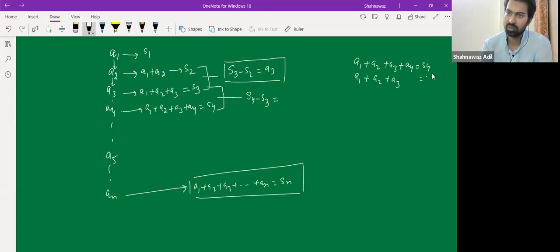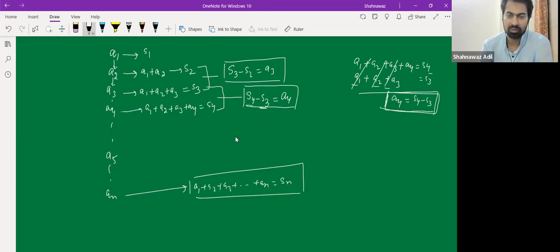So if I subtract S3 from S4, this will give me a4, right? So this is one property of the sum to n terms: if I subtract the preceding sum from the successive sum, this will give me the last term. Understood? This is one of the properties of Sn.